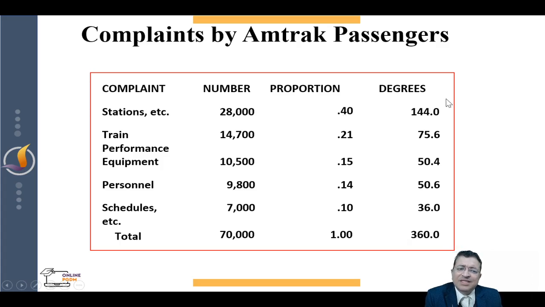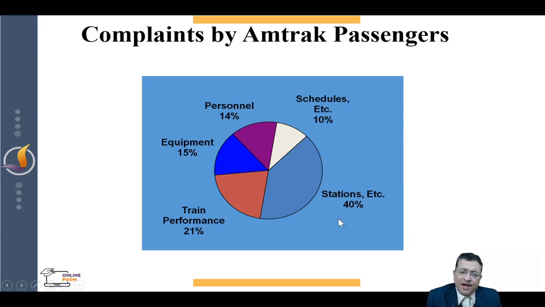So this 40% means these many degrees of that particular circle, and similarly you will see that for 21% these are the number of degrees which we can mention, and total 360 degrees. So the total 360 degrees of the circle are divided into different categories in this way, and you will find this type of chart. So when you have to divide a total into some components, or you want to see for each category what is the importance, what is the weight of that category, we will use pie chart.